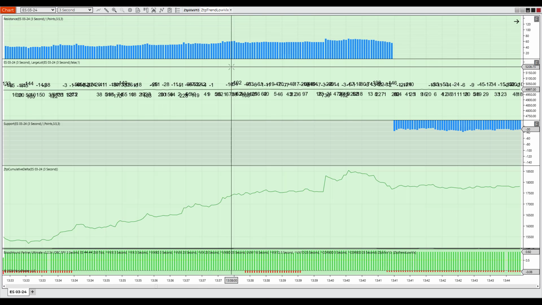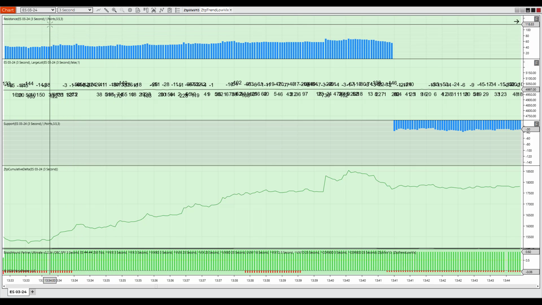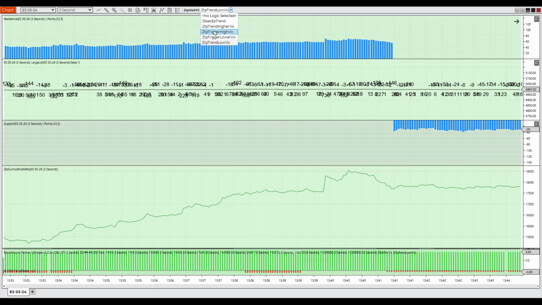And just so there's no confusion, I want to again go over the issue that I have found with Bloodhound. When the symbol up here is a futures signal, and you are using one of these four templates, the ZTP trend or the ZTP trigger, either the low or high VIX, these include solvers that are related to indexes.